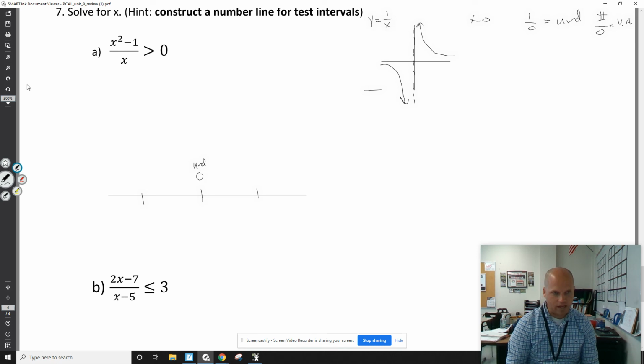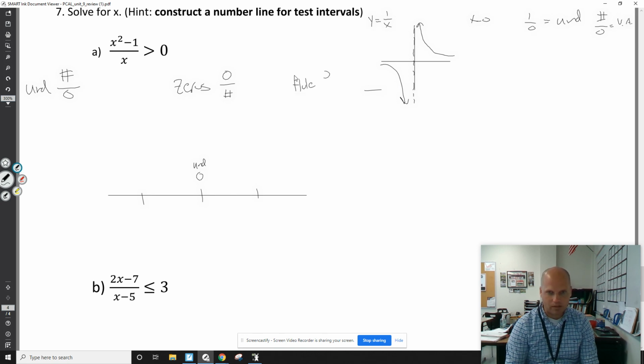Undefines, again, are when your denominator equals 0 and you have just a number in the numerator. Zeros, when your fraction equals 0, is when you have a 0 in a numerator and a number in the bottom. One thing we have to worry about, though, are situations when we have zeros in both the top and the bottom.